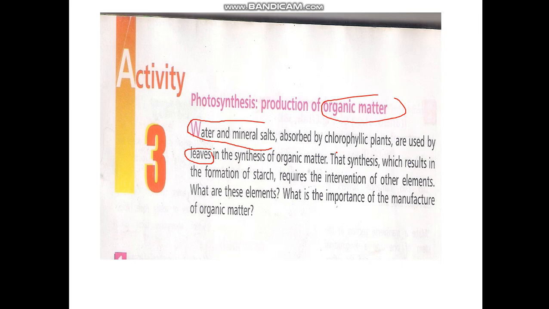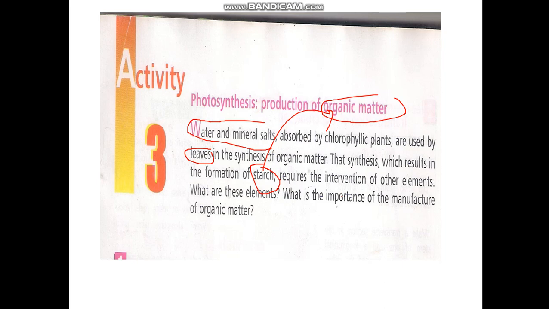So the synthesis of the organic matter takes place in the leaves of the green plant. Why? Later I'm going to explain. That synthesis results in the formation of starch. So starch is the organic matter produced by the leaves of the green or chlorophyll plant.